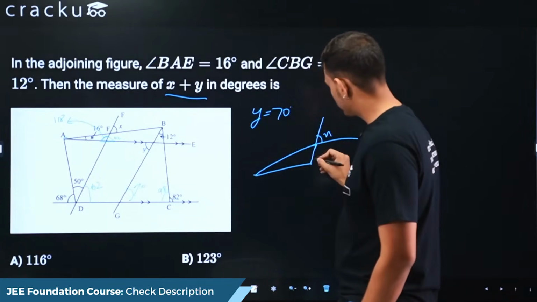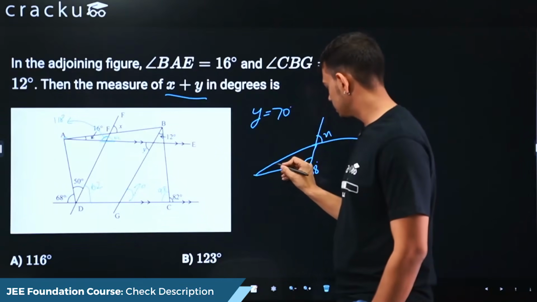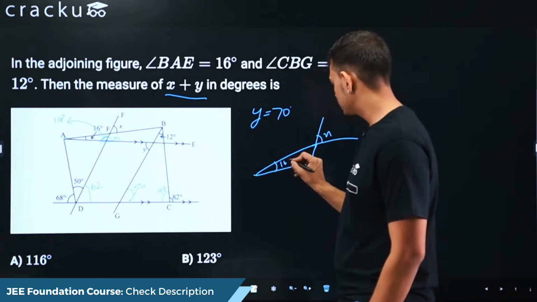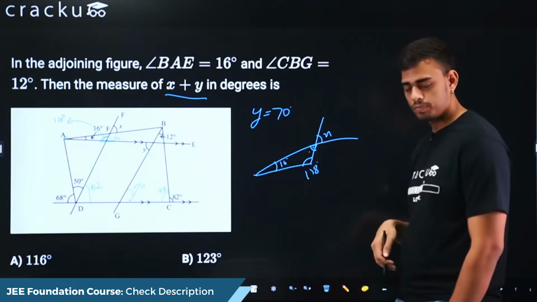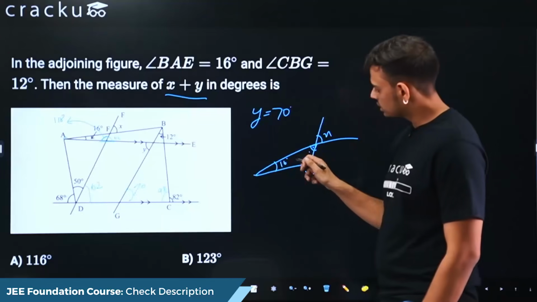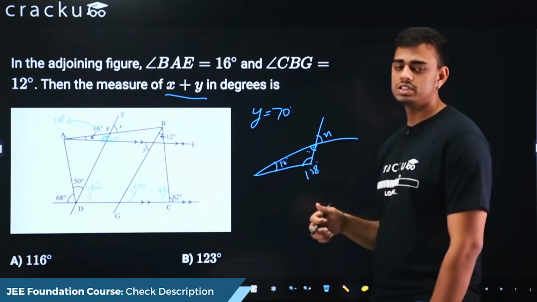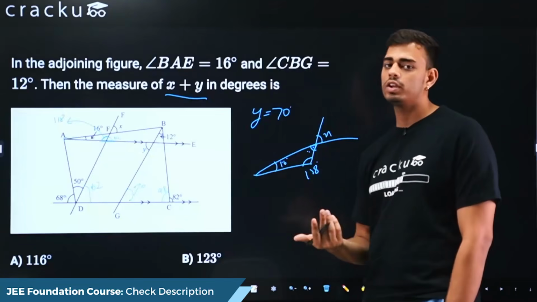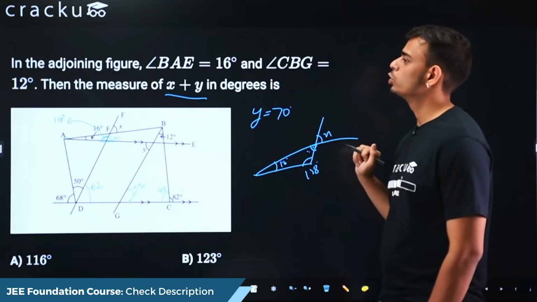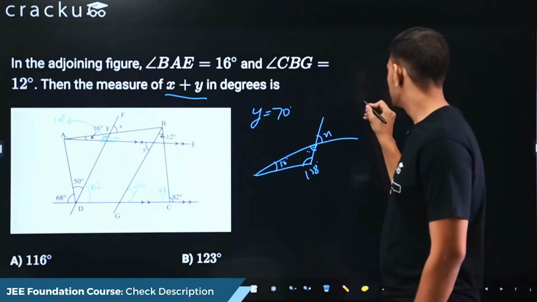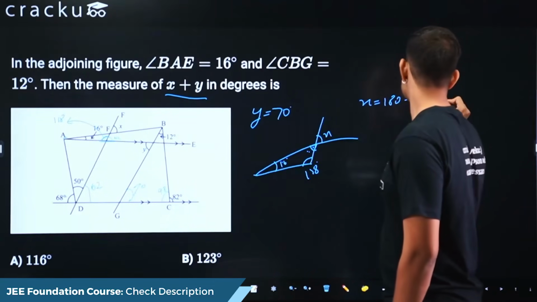I calculated two angles: this is 118 and this is 16. The sum of these two angles is 134, and the third angle can be calculated by subtracting the sum from 180. So x will be 180 minus 134, which is 46 degrees.